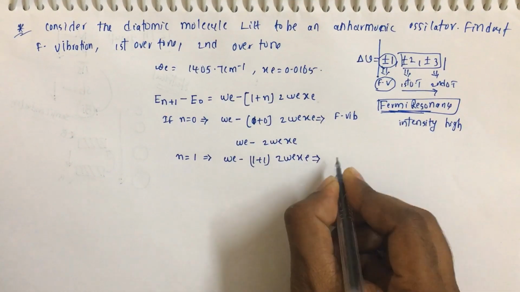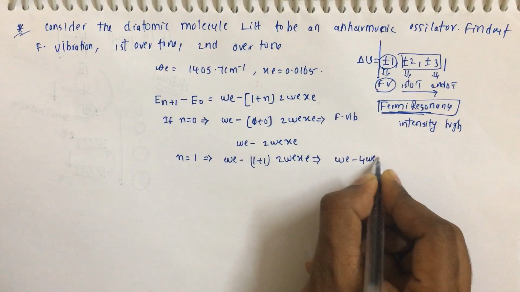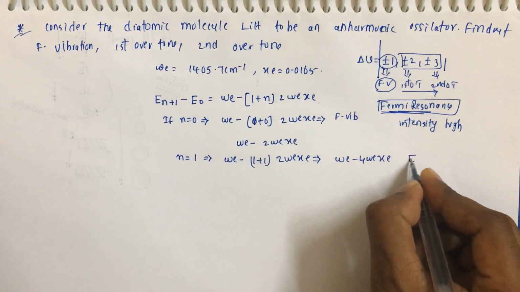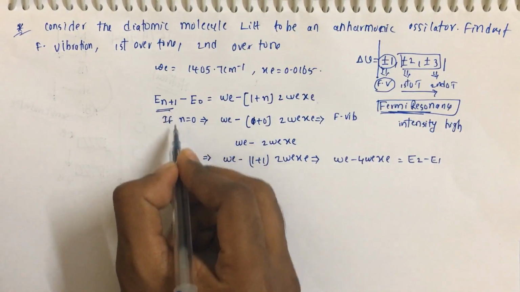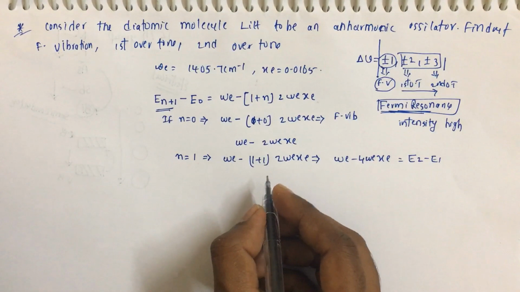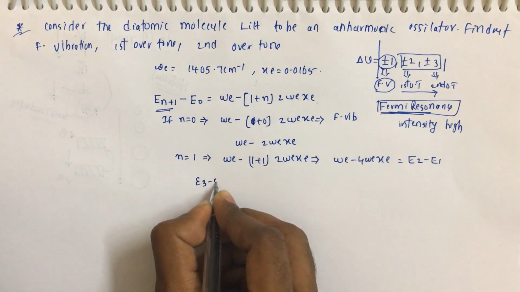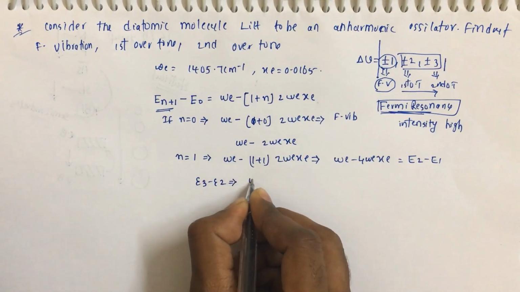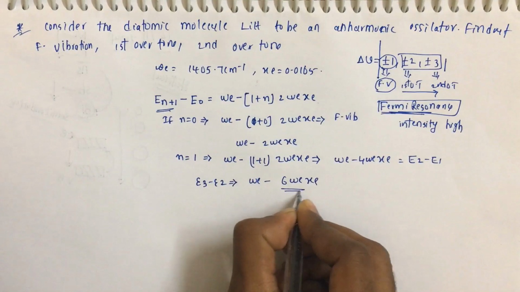this will be We minus 4 We Xe. So this is for E1 to E2. This is E0 to E1, and this is E1 to E2. Okay, when it is from E2 to E3, that time it will be We minus 6 We Xe.